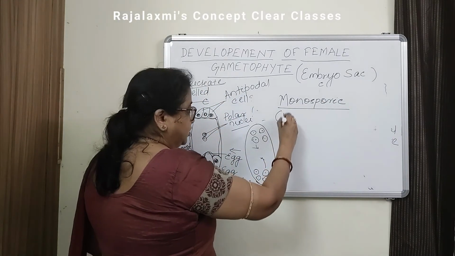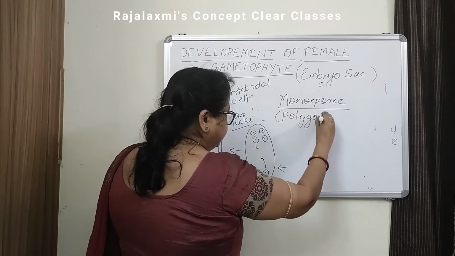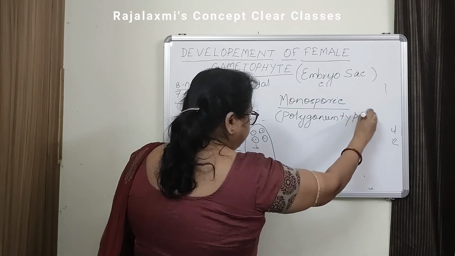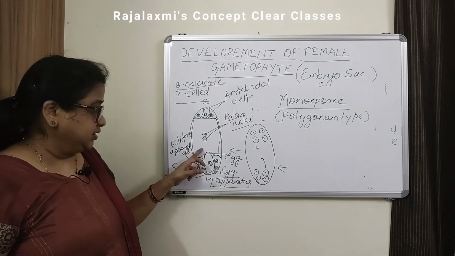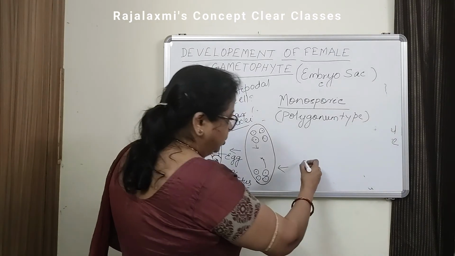And it is also known as polygonum type. Polygonum type of development of female gametophyte, and this female gametophyte occurs inside the ovule.